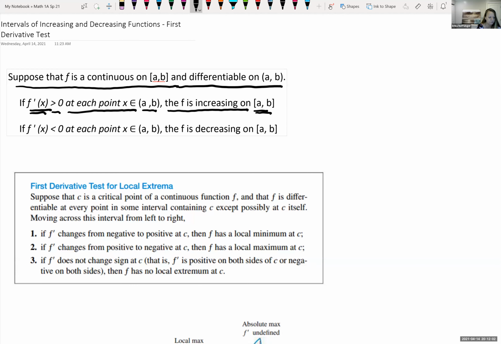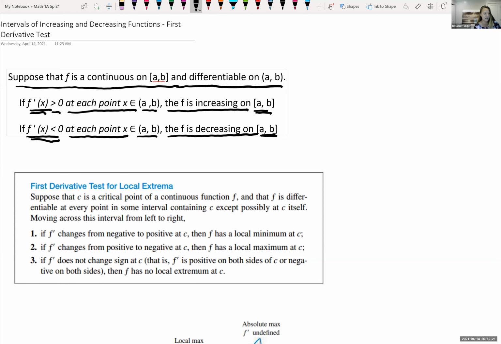We saw that if our derivative was less than 0 at each value of x in our open interval (a,b), then f is decreasing on this interval. Okay, so we've already talked about that.